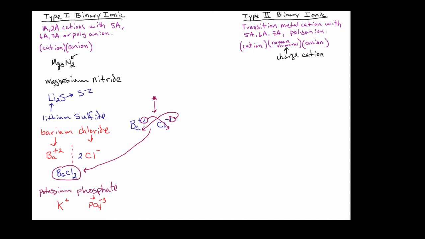So now I compare my two ions. We have the polyanion phosphate with a -3 charge and potassium with a +1 charge. Therefore, it's going to take 3 potassiums to cancel the -3 charge that's on the phosphate. So the formula for this is going to be K subscript 3 PO4.